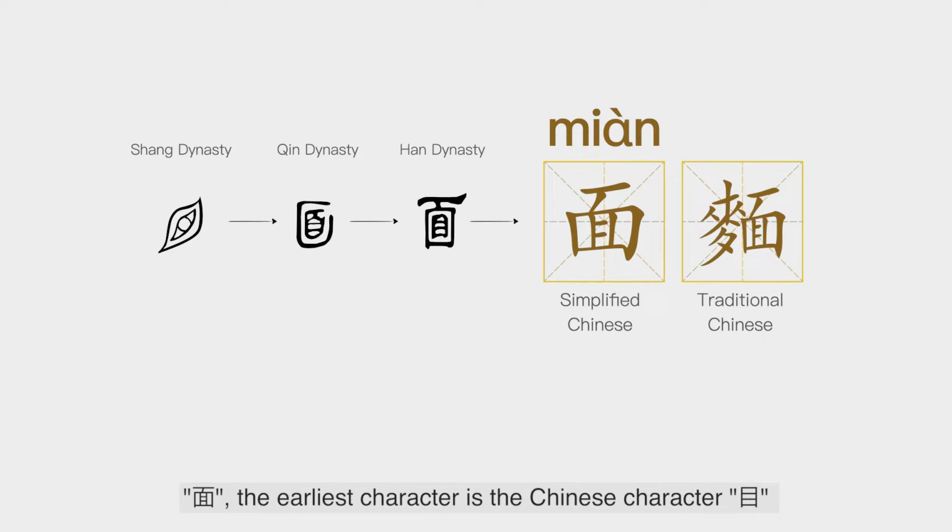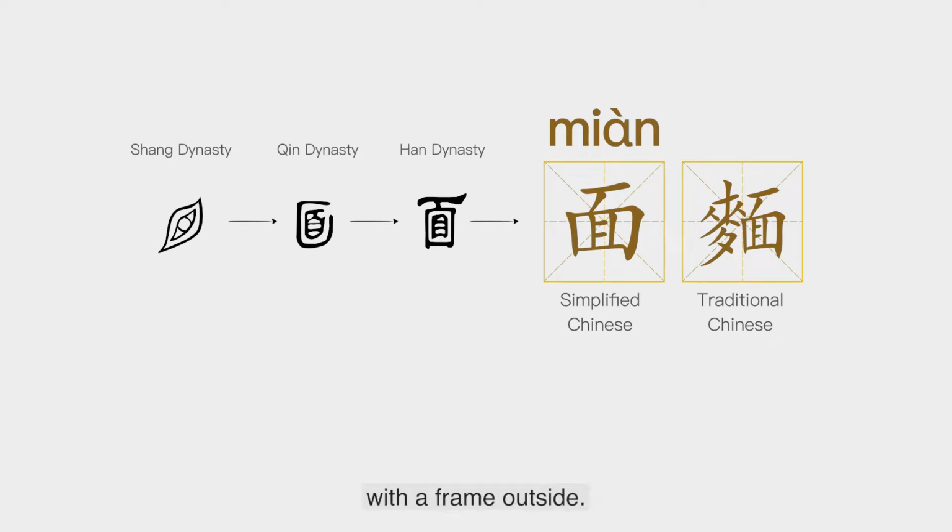Let's look at the character mian. Mian, the earliest character, is the Chinese character mu with a frame outside. We know that mu means eyes. A frame was added to the outside to represent the face.